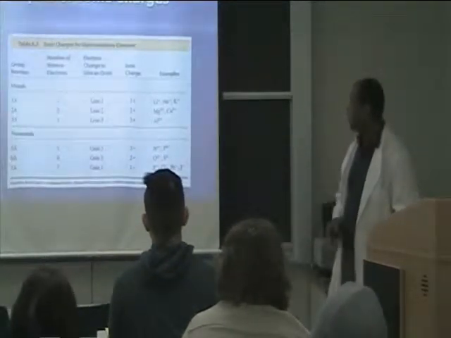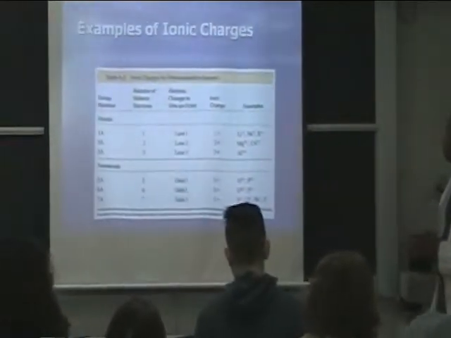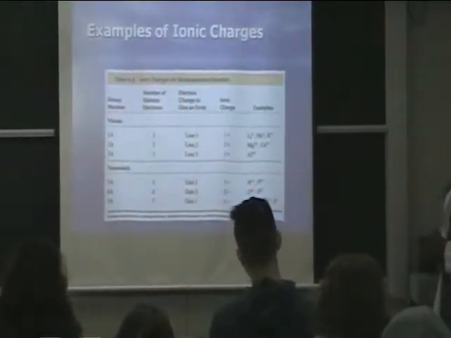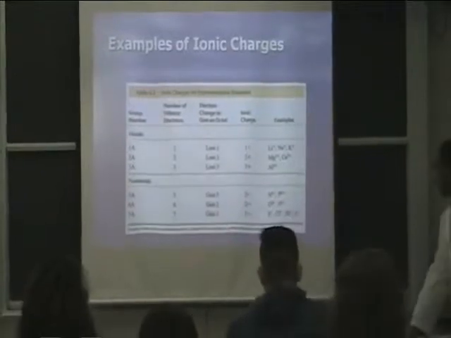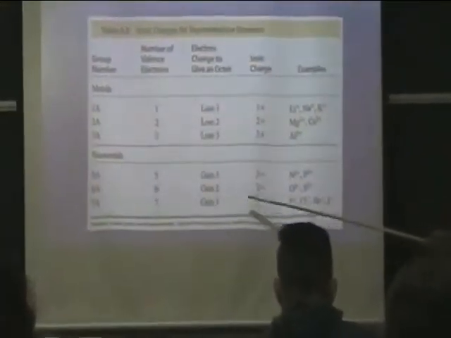Here is also a summary of the relationship between the ionic charge and the group number. You can see 5A, for example, they gain 3 electrons because they have 5 valence electrons. There are some examples here, N3 minus and P3 minus. There is also a little change in terms of names.